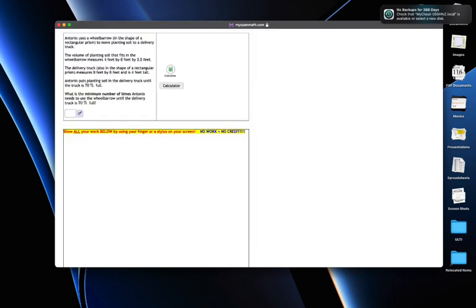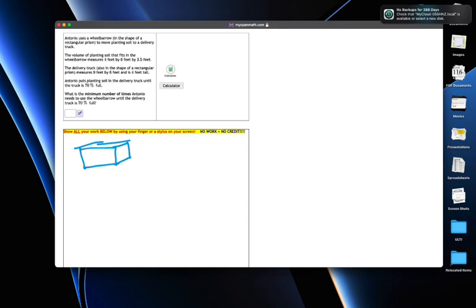In this problem, Antonio uses a wheelbarrow in the shape of a rectangular prism. So what that means is that a rectangular prism, remember, just kind of looks like a box. Now, of course, since this is a wheelbarrow, it will have wheels on the bottom, but that's irrelevant to what we're putting inside of that.